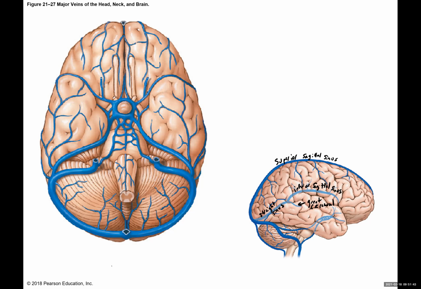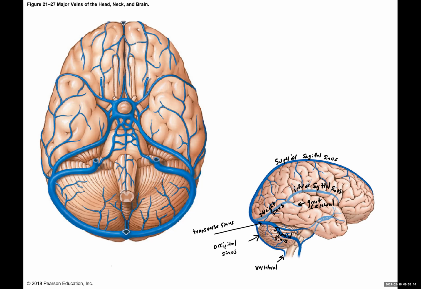Right here would be the transverse sinus. Right here would be the occipital sinus. So here is the vertebral vein. Right here is the S-shaped sigmoid sinus.